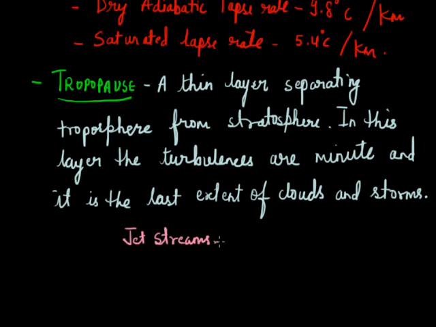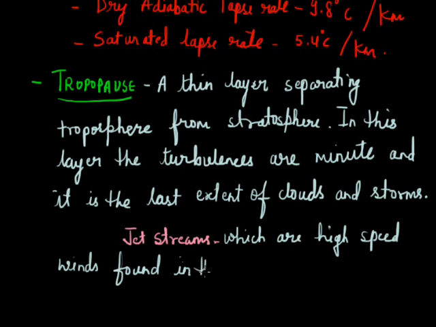So this fluctuation in temperature causes the air pressure to shuffle and create these jet streams. They are high speed winds which flow in tropopause and create disturbance in the atmosphere. Other than this, the layer is more or less very quiet.